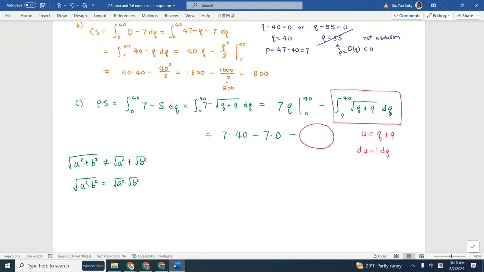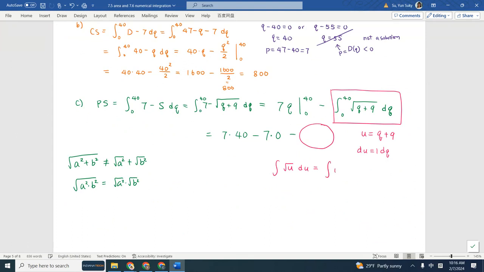Yes, everybody? So now let's calculate the indefinite integral to make it easier. This is like the square root of u, and then dQ is du. Is that okay, everybody? Let's calculate the indefinite integral, and then we get the Q back, then we can plug in.